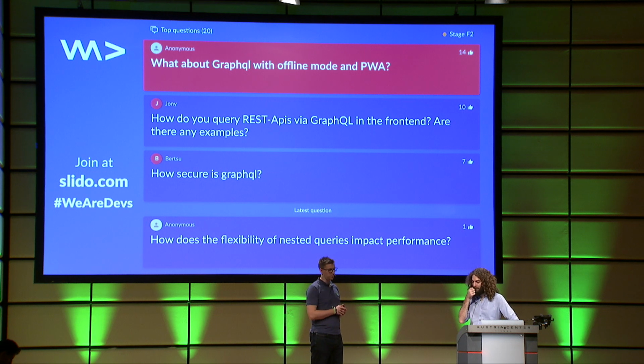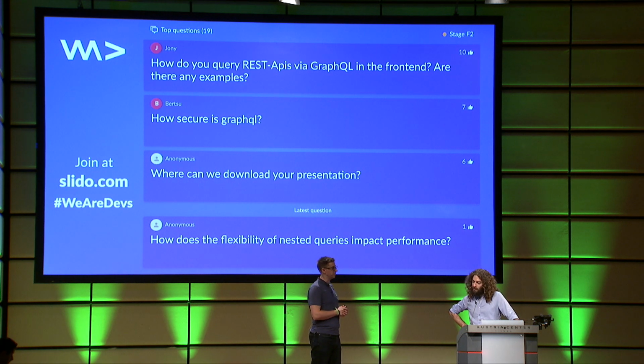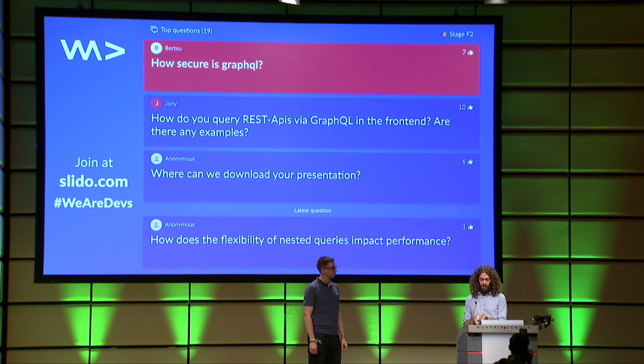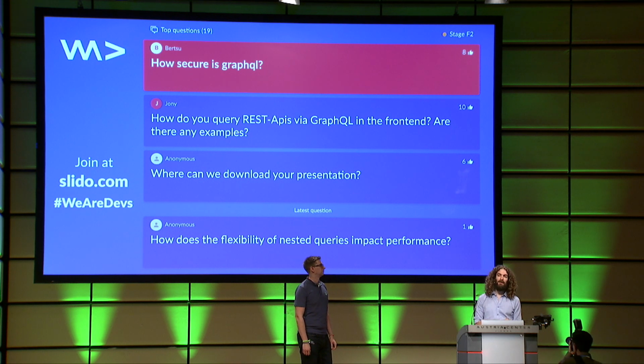Okay, and the last question for today: how secure is GraphQL? It's a great question. When people talk about security, they think about the fact that the client can query whatever they want. The first thing is that the server exposes the schema for introspection. Usually you expose the introspection schema only in development time, and you never expose it in production.